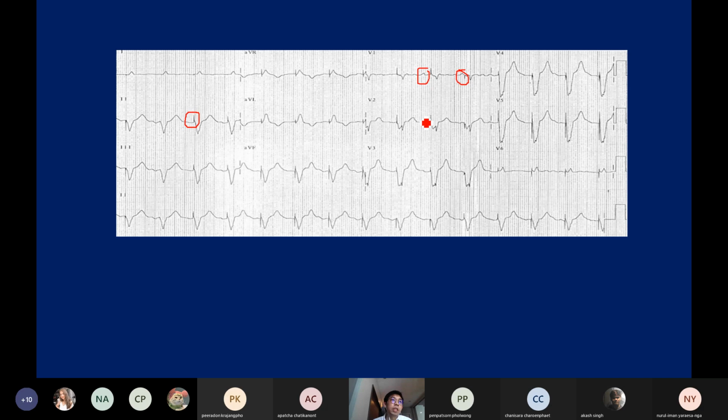So from this ECG, it could be only a V lead, or it could be both A and V leads.